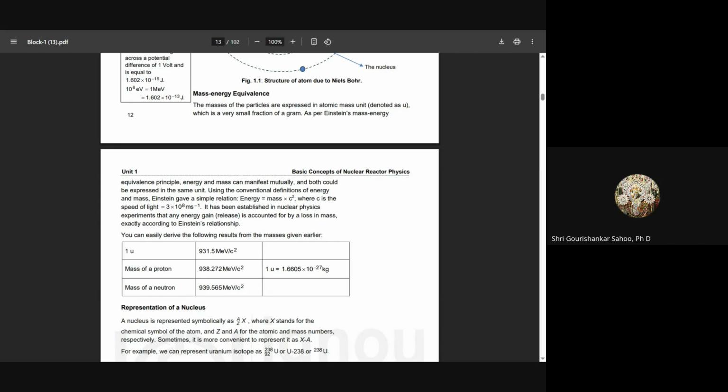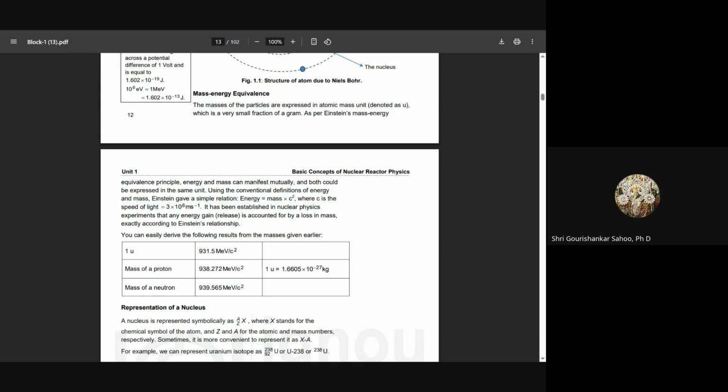So Einstein gave a simple relation: energy is equal to c square times mass, where c is the velocity of light in vacuum, that is 3 into 10 to the power 8 meter per second. It has been established in nuclear physics experiments that any energy gain or release is accounted for by a loss in mass, exactly according to Einstein's relationship.